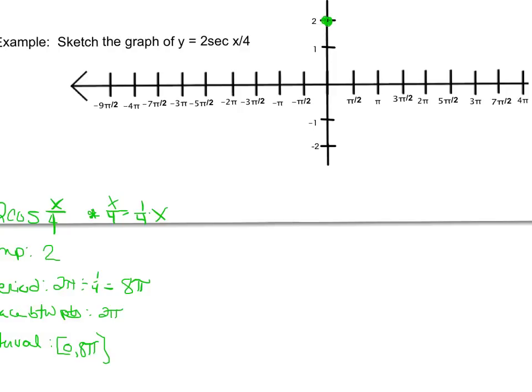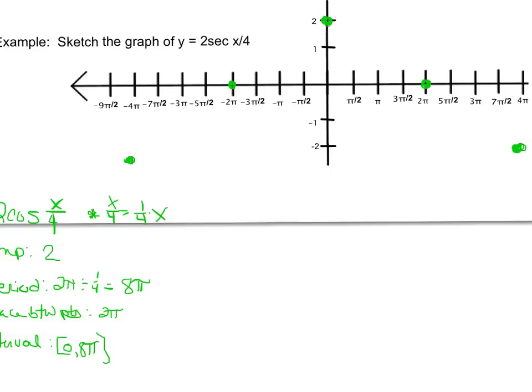Then I'm going to go a distance of 2 pi and put my next point, go another distance of 2 pi and drop down to -2 because of my amplitude. I'm going to do the same in the other direction: 2 pi and go down to 0, and 2 pi and drop down to -2. Obviously I'm not going to get 2 complete cycles in here, just 1.